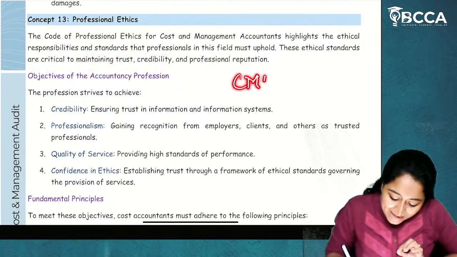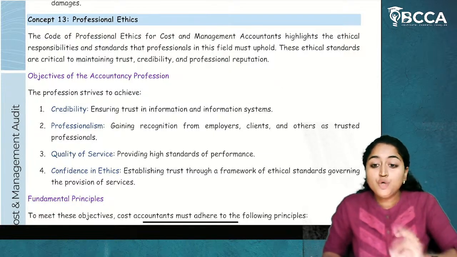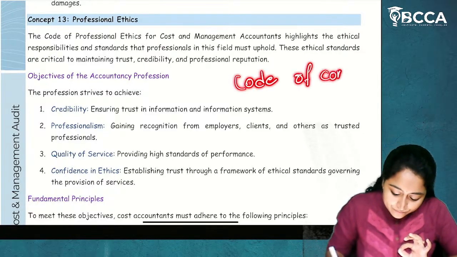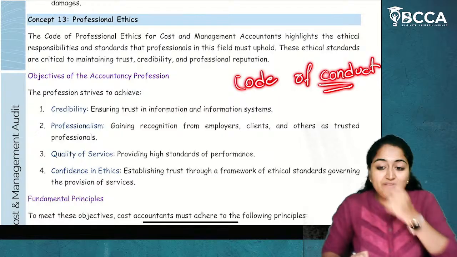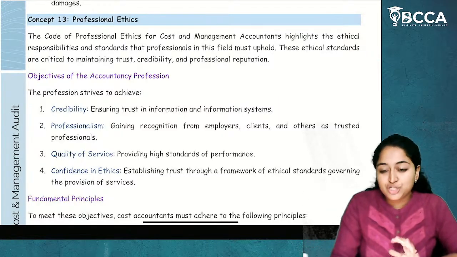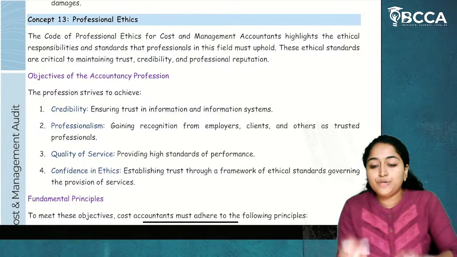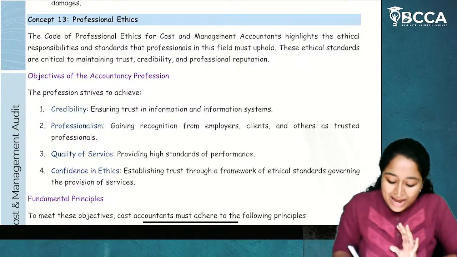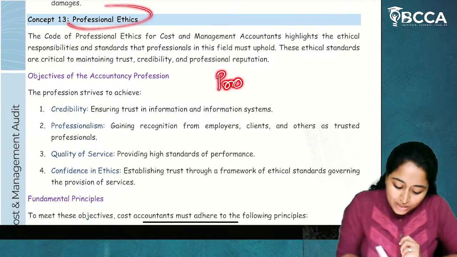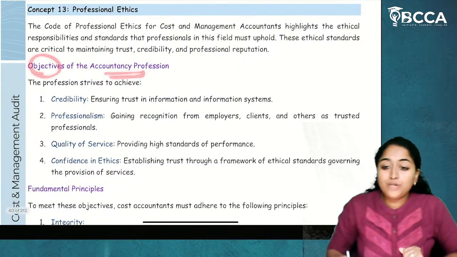If you are acting as a CMA, Cost and Management Accountant, it means you are bound to follow a certain code of conduct, which means even in your workplace or even outside of your business relationship, you have to maintain the code of conduct. You should maintain professionalism in your work, and also you have to maintain professional ethics. Now, what are professional ethics? We are going to see. Now, objectives of accountancy profession.